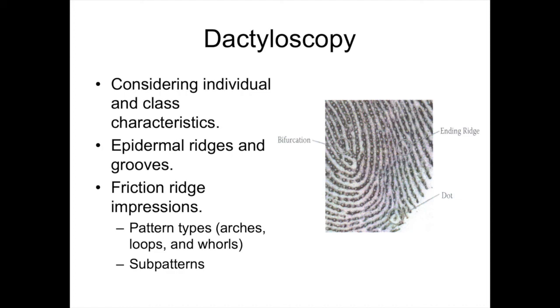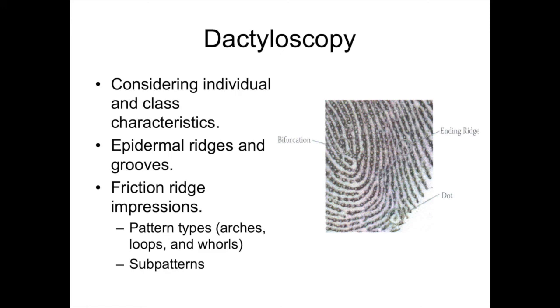It's easiest to distinguish when you have some sort of ink being smeared on that material, or some sort of particulate matter being applied to either the latent fingerprint or the finger itself to be able to identify those unique patterns. So when we look at these pattern types, we realize that they can also be classified, and how they behave over time can also be part of that classification process.